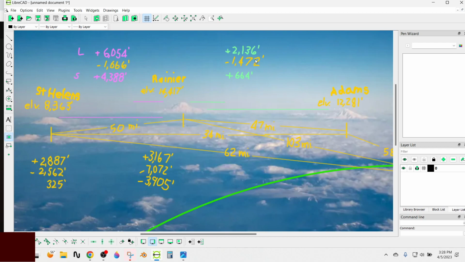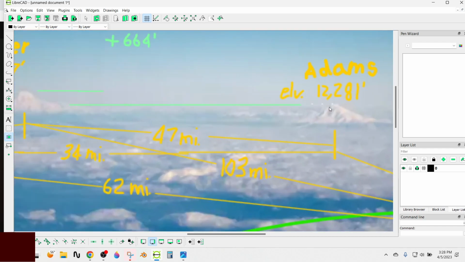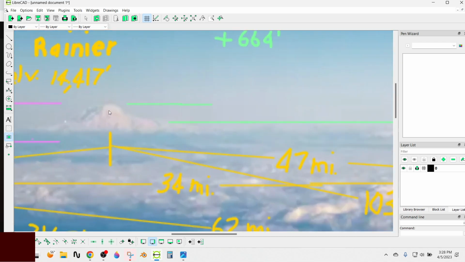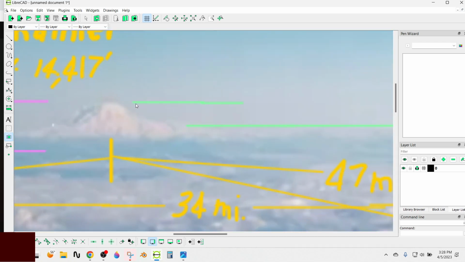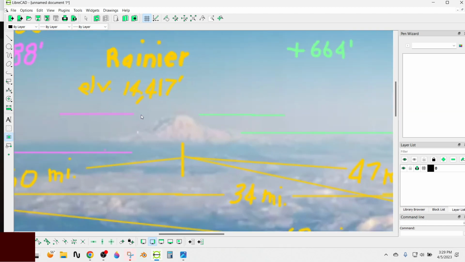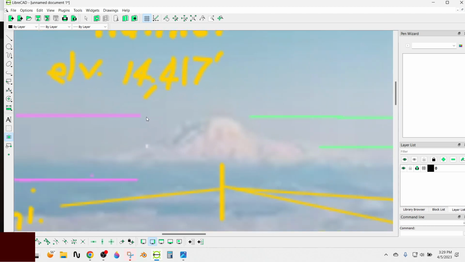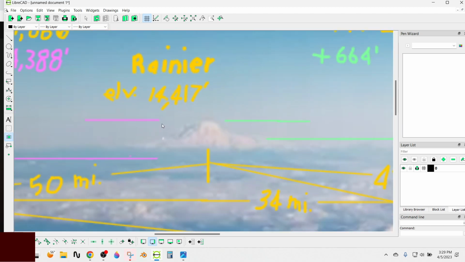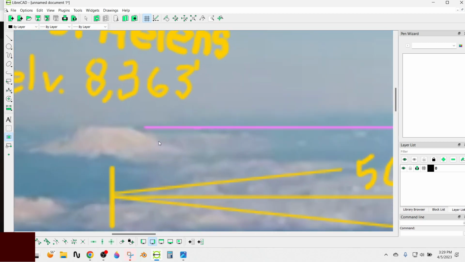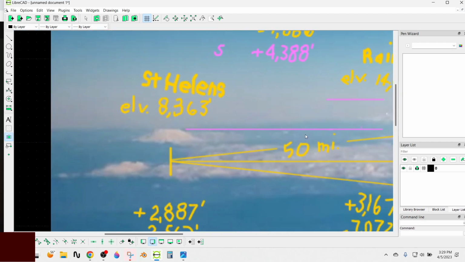So on this level Earth right here, you will notice this green line is level to Adams, and the upper one, the purple one, is level to Rainier. And on Mount St. Helens, it's level to there.